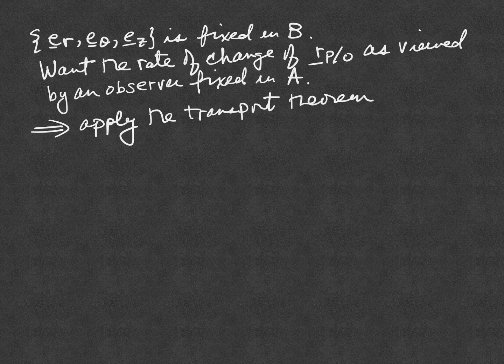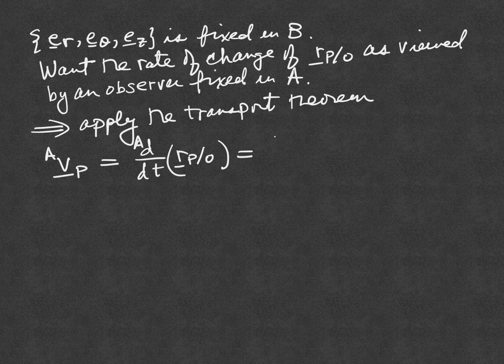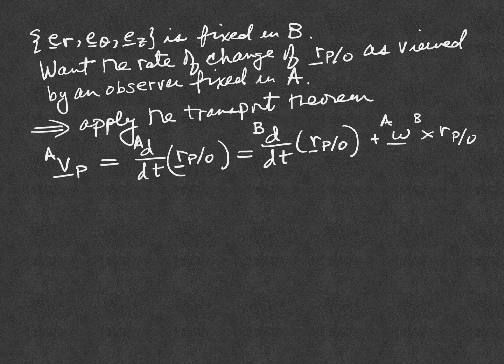In this case, the transport theorem will look like this: the velocity of point P in A, which is defined as the rate of change in frame A of the position of P relative to O, is equal to the rate of change of the position of P relative to O in B plus the angular velocity of B in A crossed with the position of P relative to O.